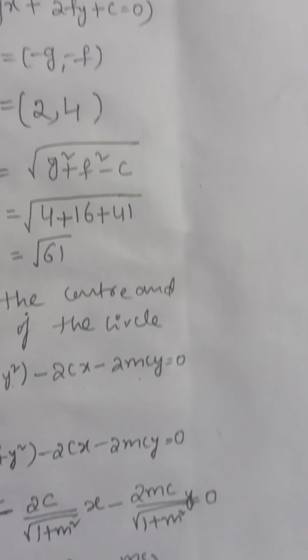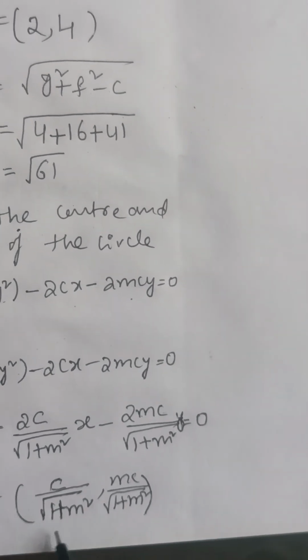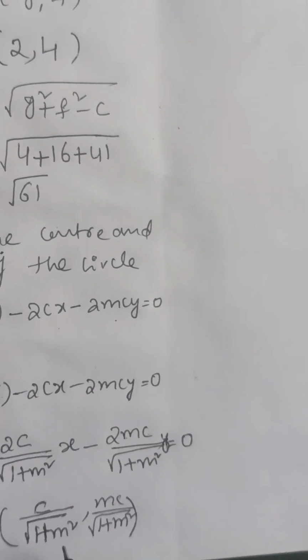Now the radius is under root g square plus f square minus c. So g square, g is minus c by under root 1 plus m square, so the square of this is c square by 1 plus m square.